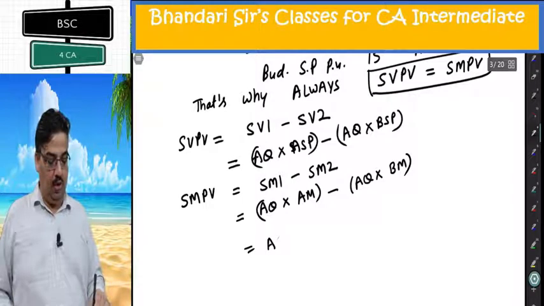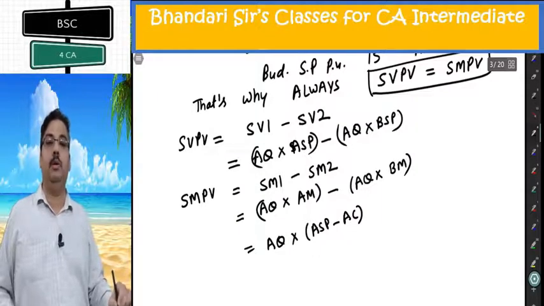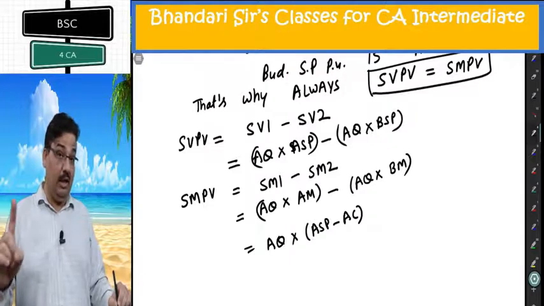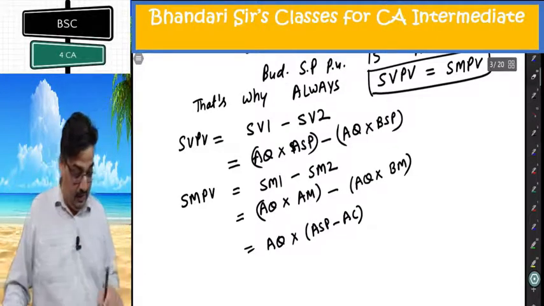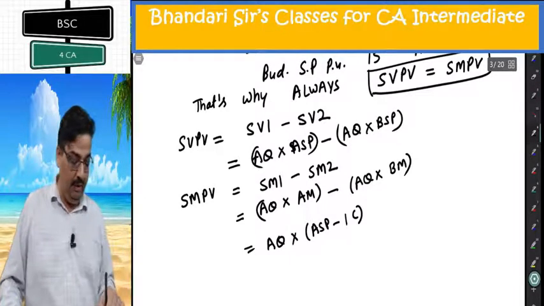What was actual margin? Actual quantity into actual selling price per unit minus actual cost per unit. Is this correct? No. We never consider actual cost in computing margins. We must consider budgeted cost. So be very sure and alert with me.